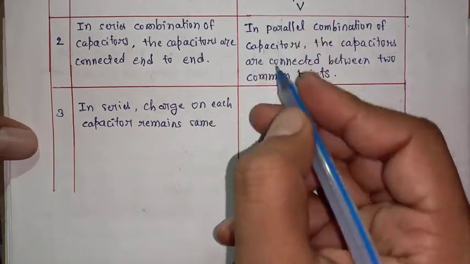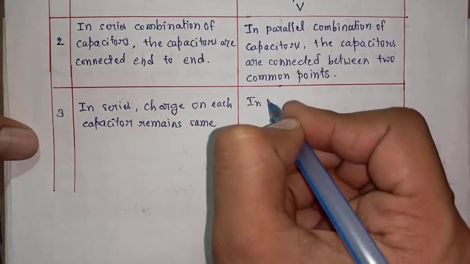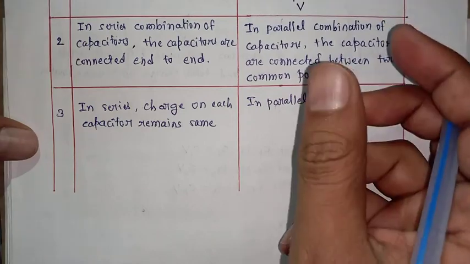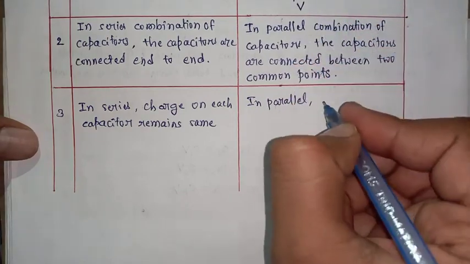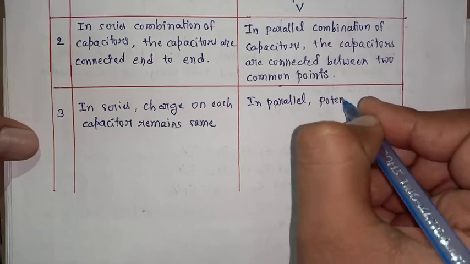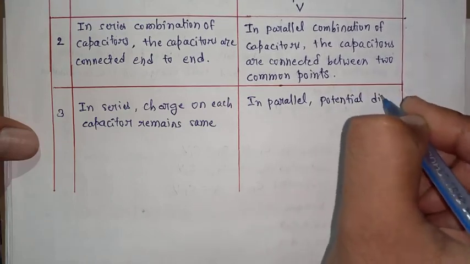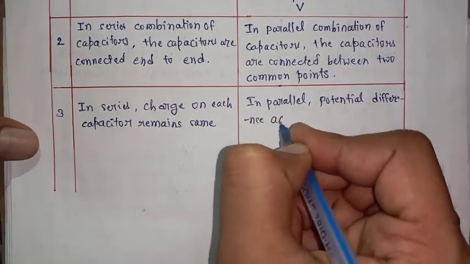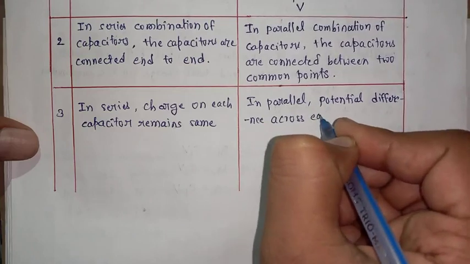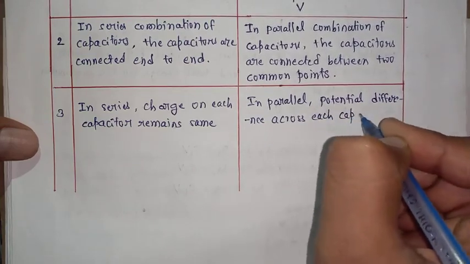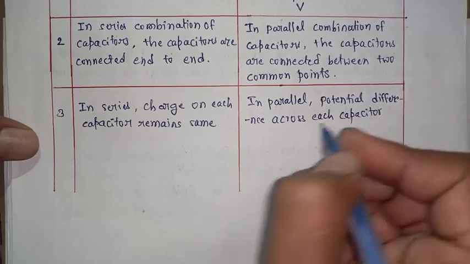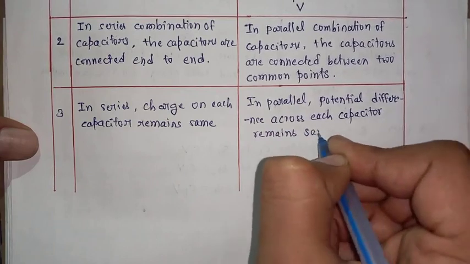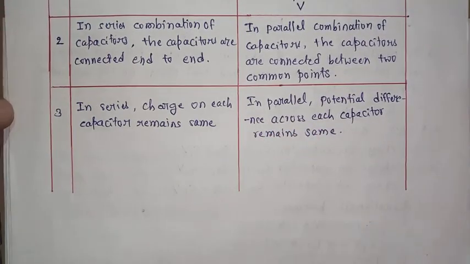So here in parallel, which quantity remains the same? Potential difference across each capacitor remains the same.